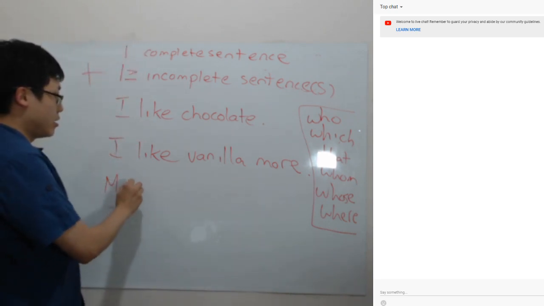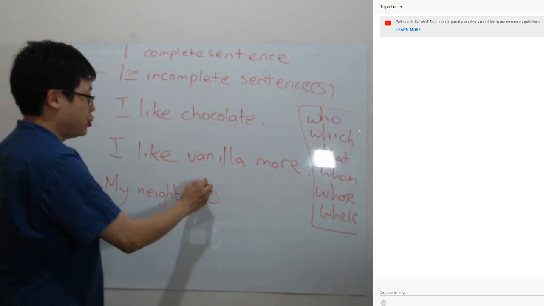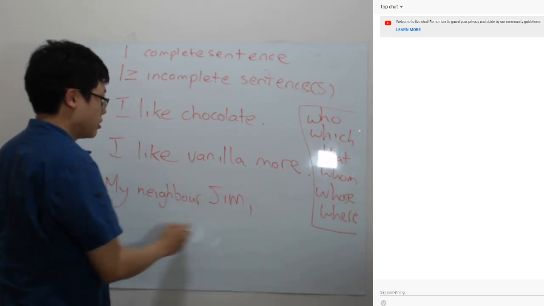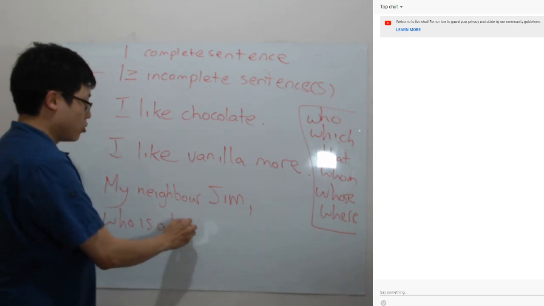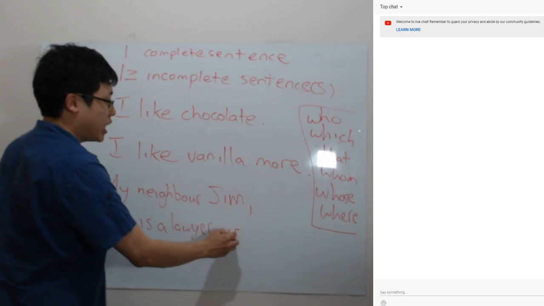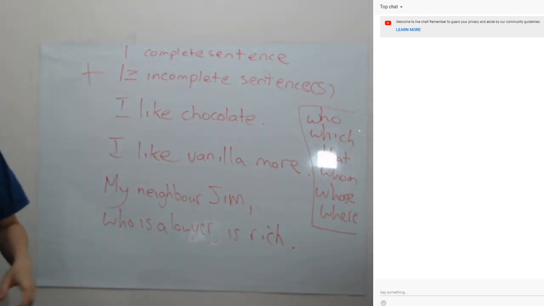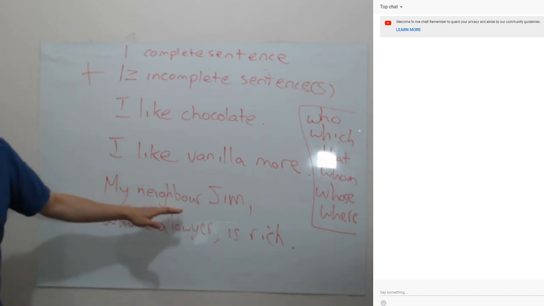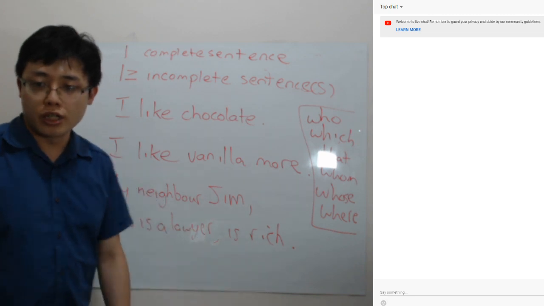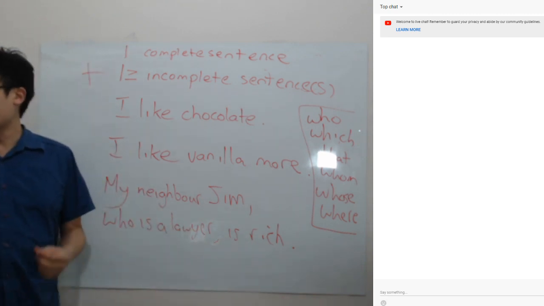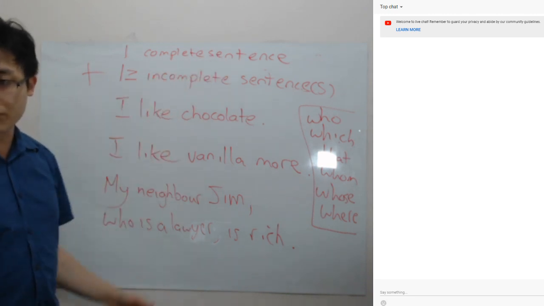My neighbor, Jim, who is a lawyer, is rich. So, if you take a look at this, my neighbor, Jim, who is a lawyer, is rich. Now, can you identify where the complete sentence is and where the incomplete sentence is?